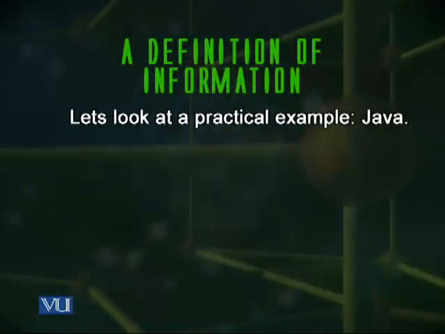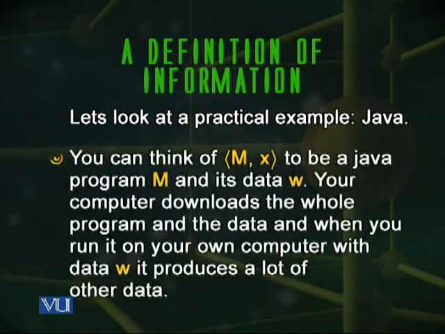Let us look at a particular example, Java. This is a practical example. Let's say that you visit a web page. So you're visiting a web page, and on a remote computer, there's a Java program with some data on it. When you click there, the Java program is transferred to your computer.